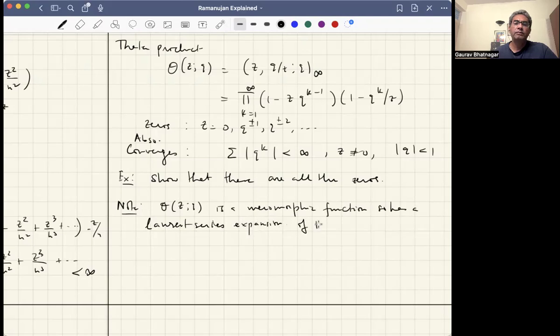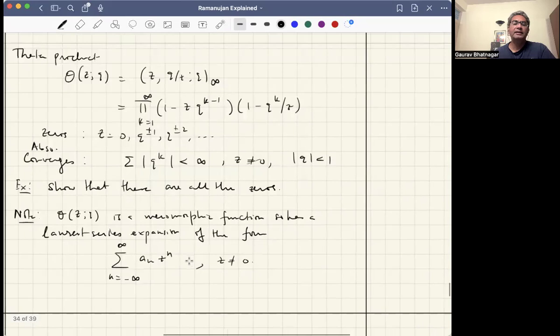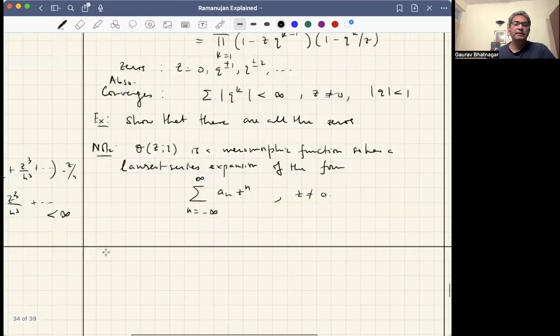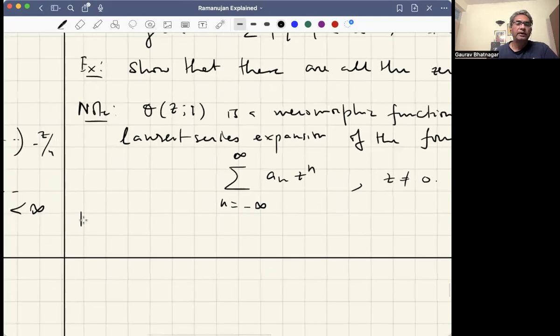It is the summation of a_n z raised to n, n going from minus infinity to infinity, for z not equal to 0. And in fact, I'll just write it here.